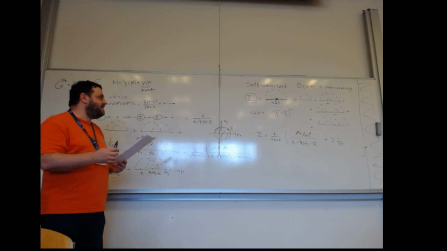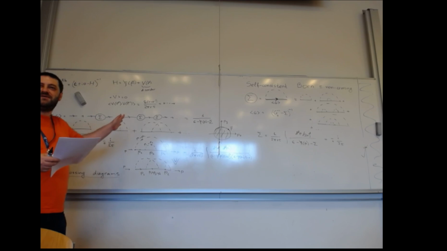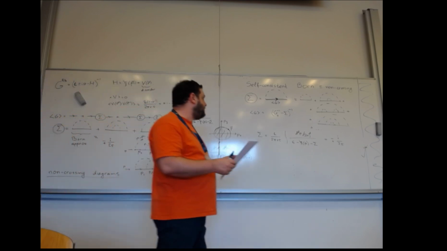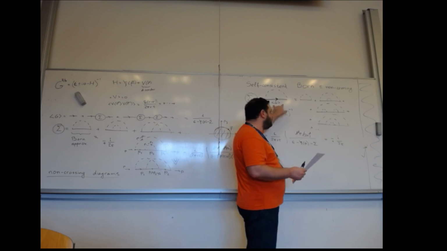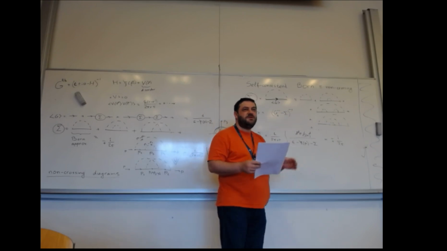So in many cases, people wouldn't bother and just do the Born approximation to get the correct result. Actually, it's not always the case. Sometimes the self-consistent Born approximation gives you a different result from a simple Born approximation.